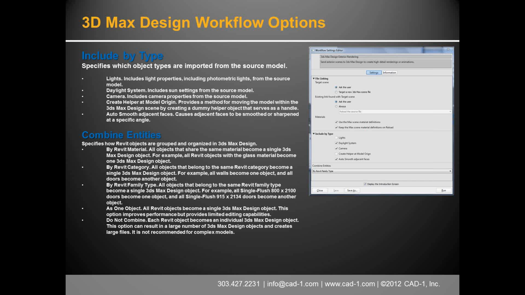So as we're bringing this model over, all the roofs are in one category, all the walls, all the furniture, all the lighting, all the plumbing systems. We can bring it in as one solid object, or not combine anything at all, and then they're just loose, or by families. So we have all these different options when we want to bring these items in. That's just kind of our workflow.